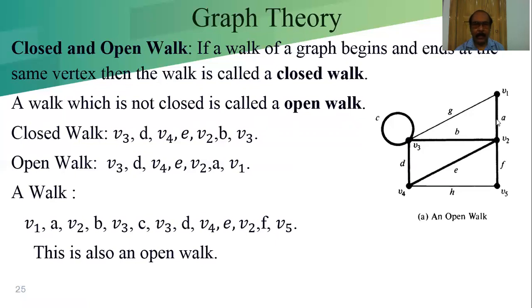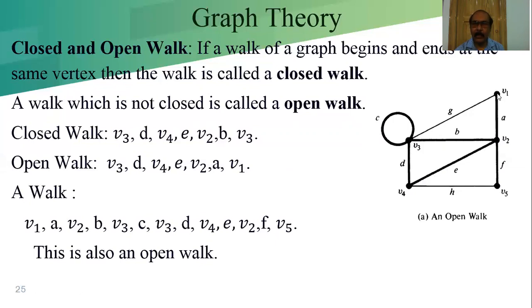V1, A, V2, B, V3, C, then again V3, then D, then V4, E, then V2, then F, then V5. So this is an open work.